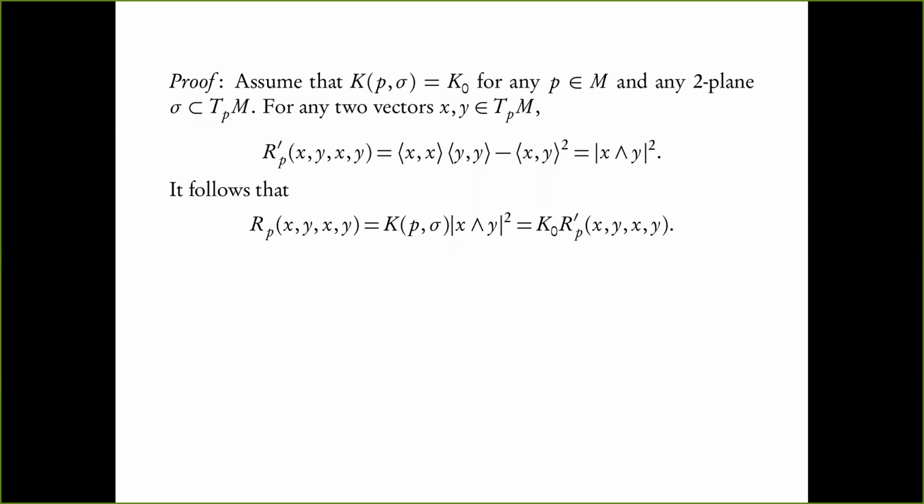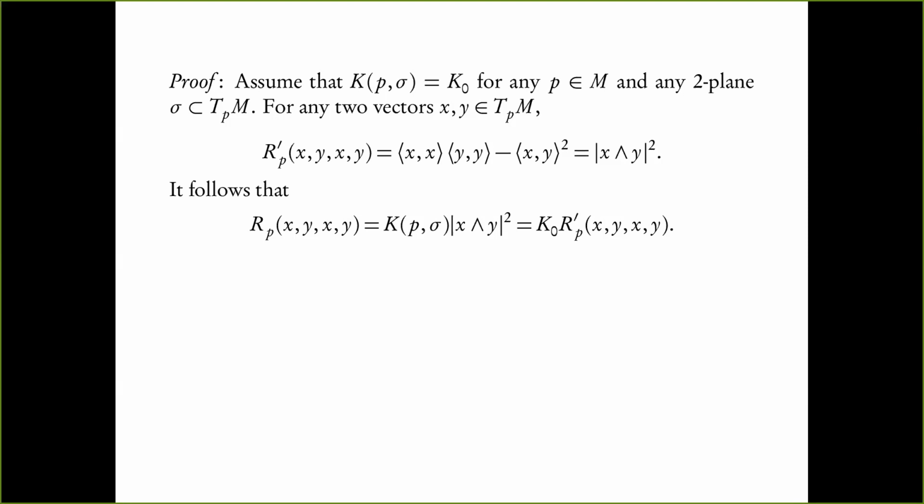So the Riemann curvature in turn is going to be the Gaussian curvature times the area of the parallelogram squared. But the area of the parallelogram squared is nothing but R prime. And K_p(sigma) is independent of P and sigma, that is K0. So what you obtain is that R_p(x,y) is K0 R prime_p(x,y) for any 2 vectors x and y in TPM and for any P.